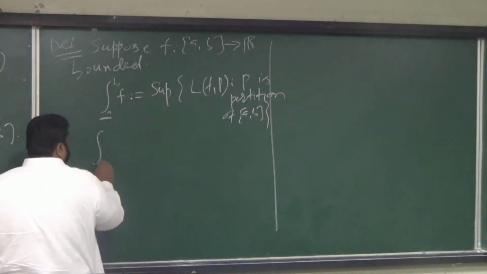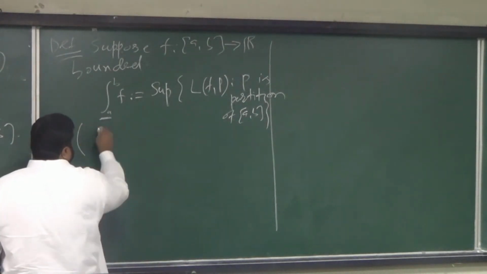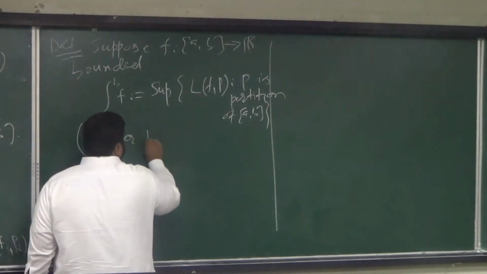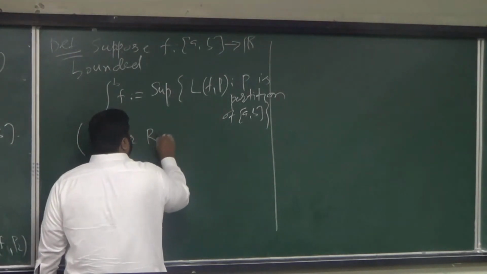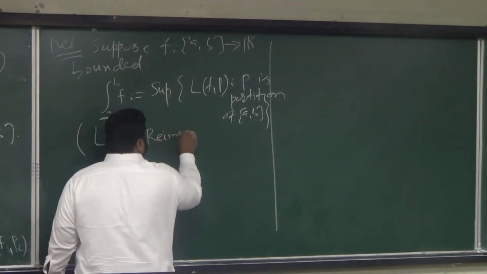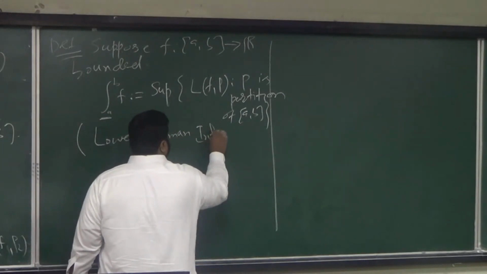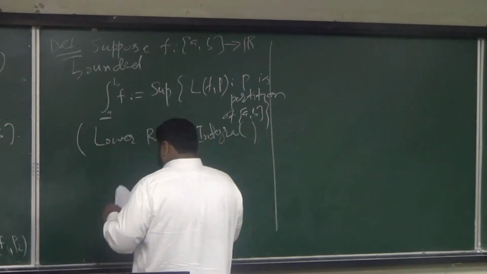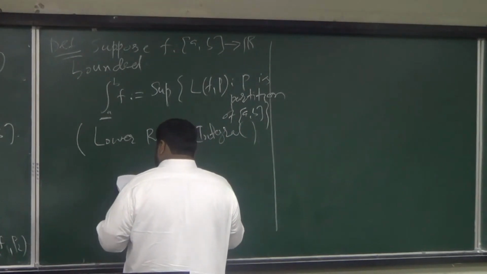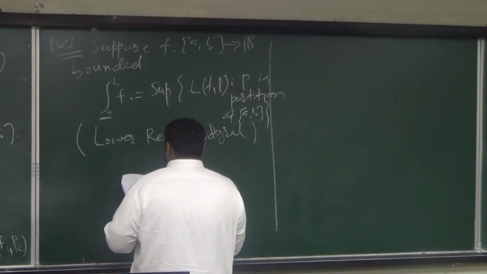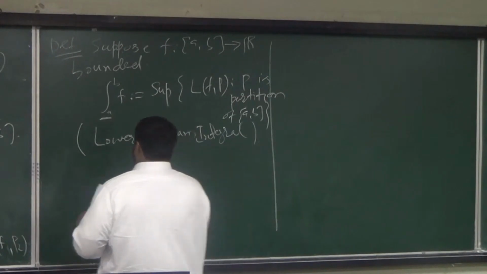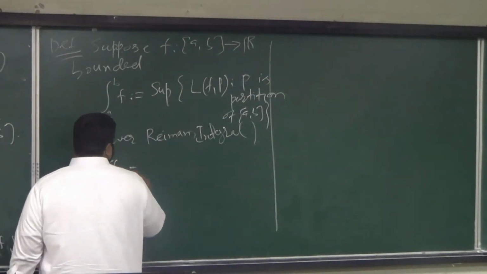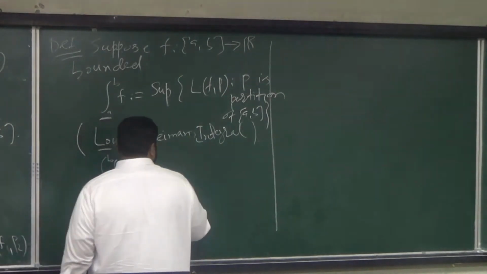Okay, so we name this integral the lower Riemann integral. Some people call it the lower integral. How about the upper integral of F? What do you think it should be?